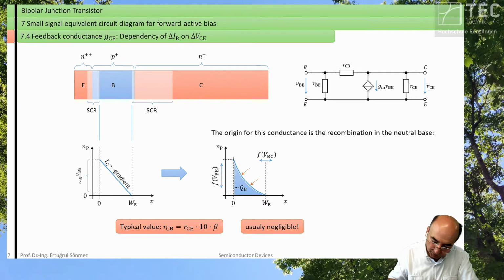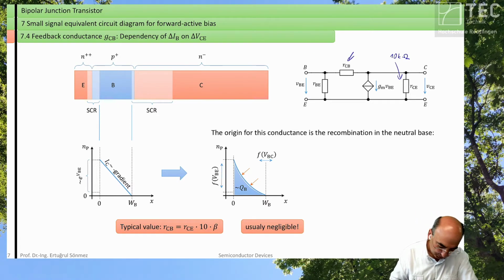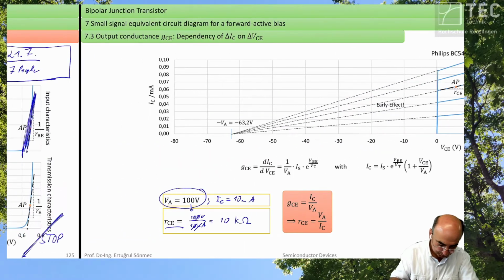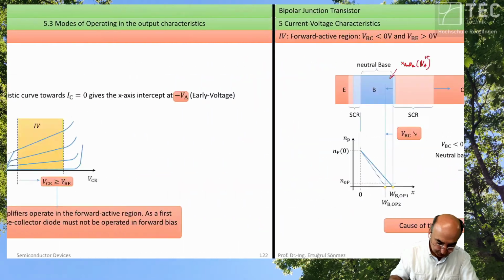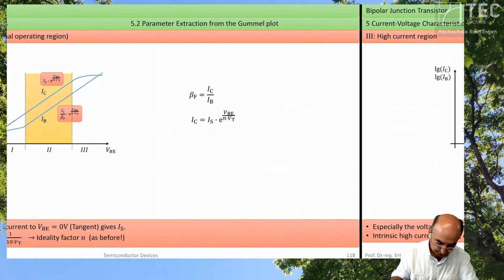Now let's compare this value. This value is for our nominal bias, 10 kilo ohm. And this value is 10 kilo ohm times 10 times, what is our beta in our calculations? I have given this value once and then I have used it forever.